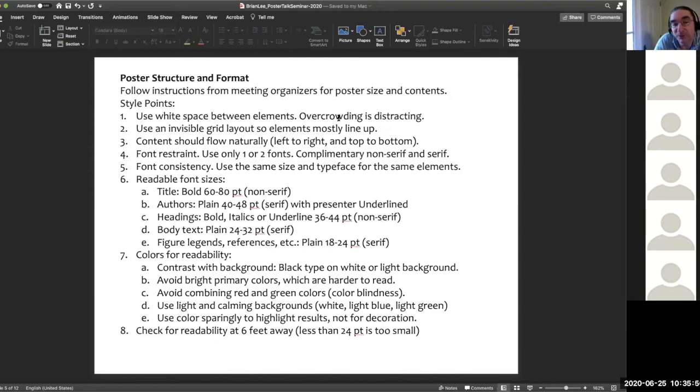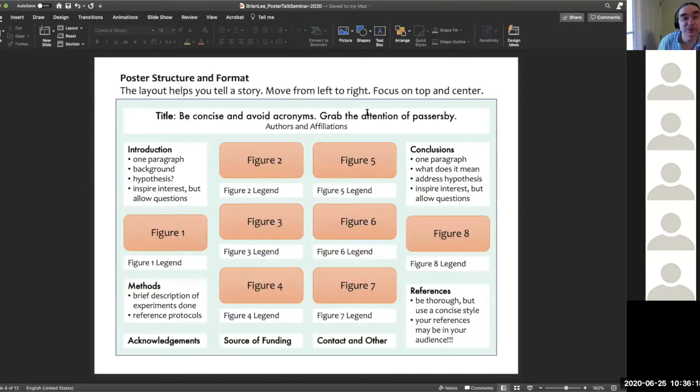General recommendation is use 1 or 2 fonts that are the same typefaces throughout your poster. If you use 2 fonts, what's recommended is to pick a non-serif font and a serif font that are complementary to each other. And if you search on the internet, you can find lists of fonts that are considered complementary to each other. Just kind of an example, back to the poster here.